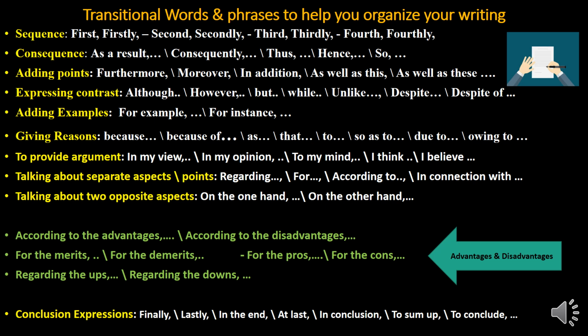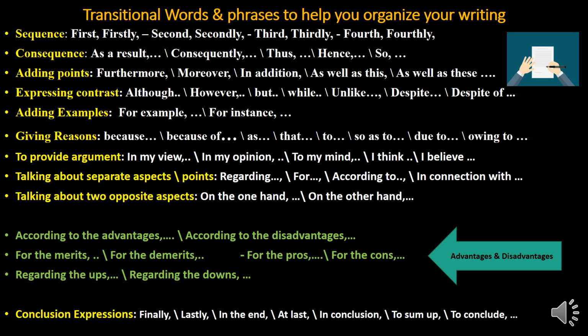To talk about separate aspects or points, you can use regarding, for, according to, in connection with. To talk about two opposite aspects, you can use on the one hand, on the other hand.